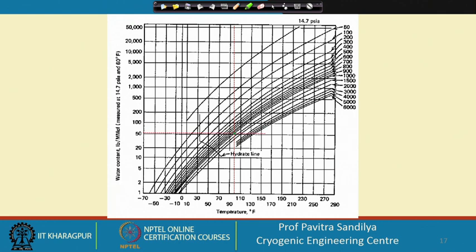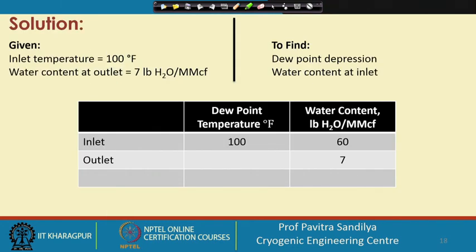Then we locate this particular point on the 1000 psi line, go along the horizontal line to the y-axis, and read out the value of the water content, which is about 60 pounds per million cubic feet of the natural gas. So that is how we find out the water content in the inlet natural gas. So here we put the value as 60.